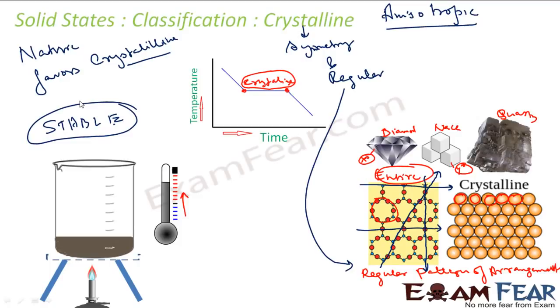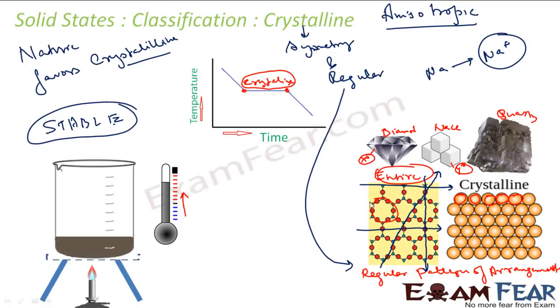The reason why a particular substance reacts, for example, sodium reacts with chlorine to form NaCl, is because sodium wants to be in Na plus form. It is more stable. So everybody wants to be stable. And so do the solids. Correct? That's how nature is.